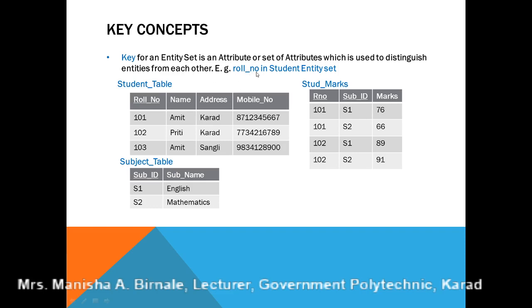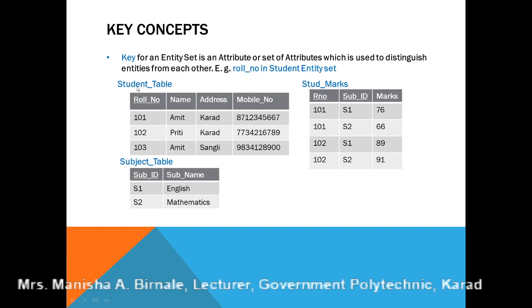For example, roll number in the student entity set. The student entity set may consist of hundreds of students, suppose, but the roll number of every student is unique. It is not repeated. The name of a student may be repeated, the address of a student may perhaps be the same, but the roll number of each student is unique.